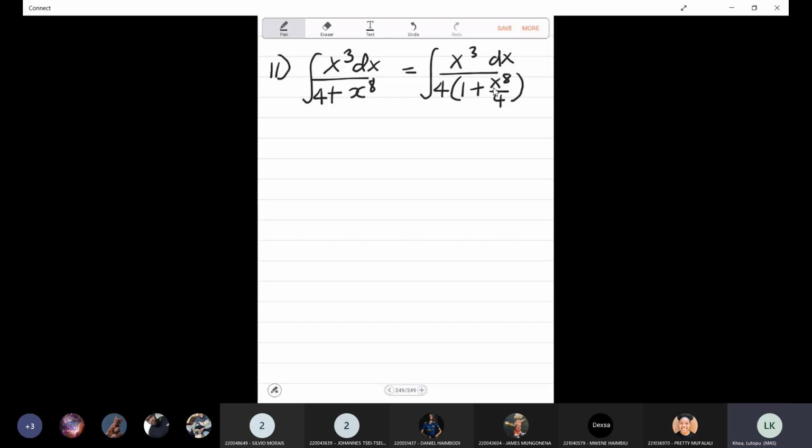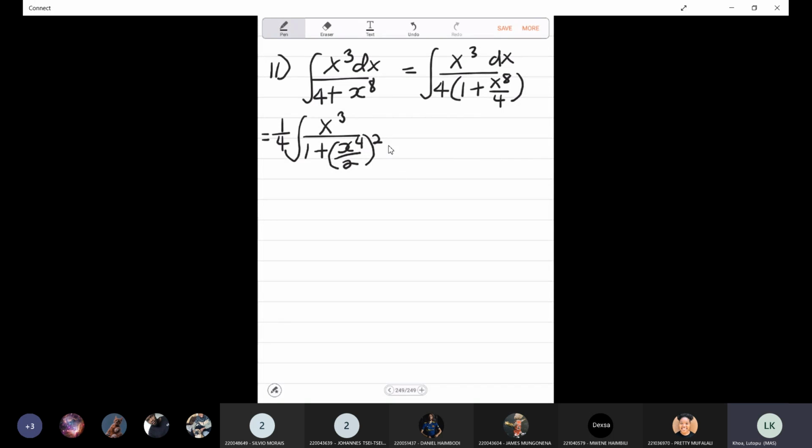So this is going to be the integral of x to the power of 3 over 4. Let me just take the 1 over 4 outside. So 1 over 4, and then I have 1 plus x to the power of 4 over 2 squared.